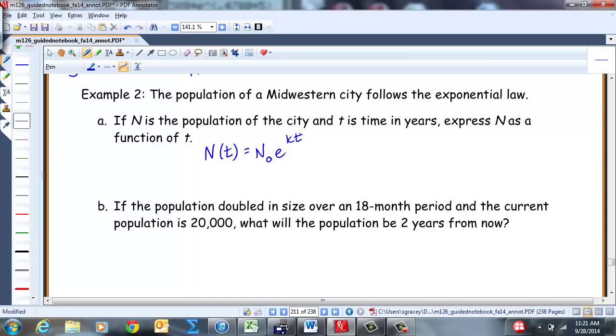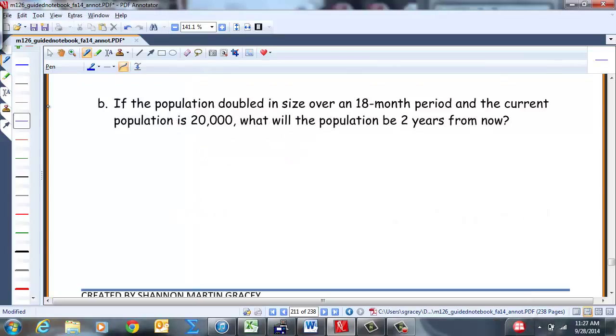If the population doubled in size over an 18-month period and the current population is 20,000, what will the population be 2 years from now?